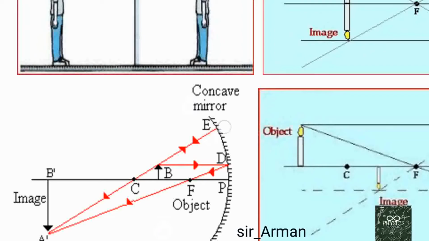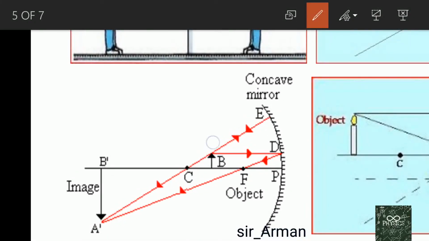Here see, we have an object placed between the center of curvature and focus. Let us assume that the height of the object, HO, is 3 centimeters, lying in the positive y, so it is plus 3.